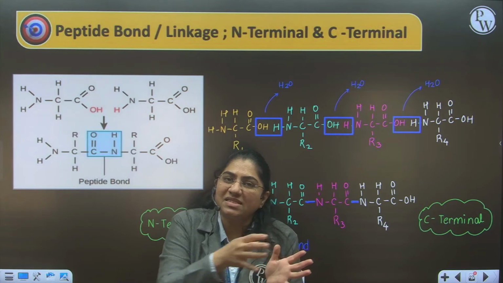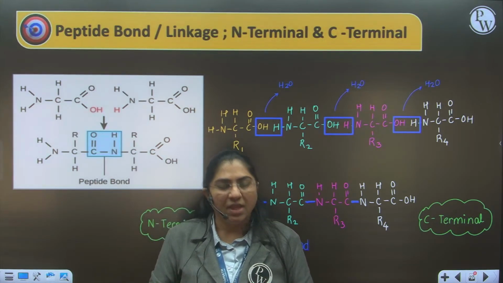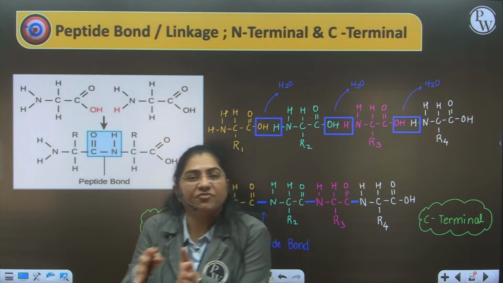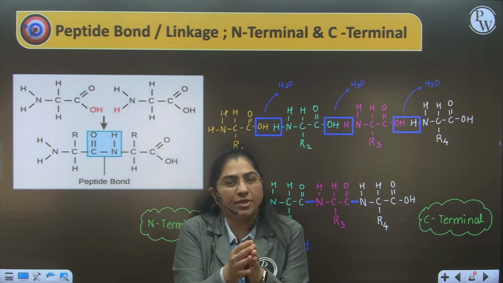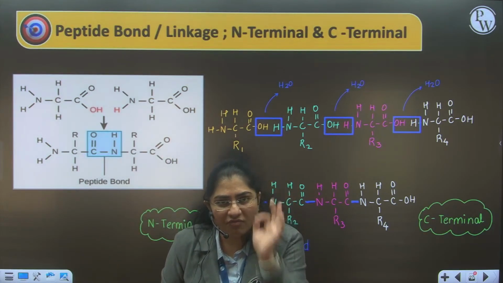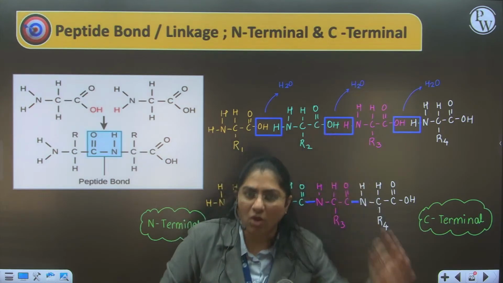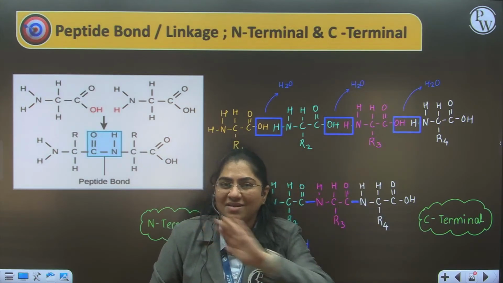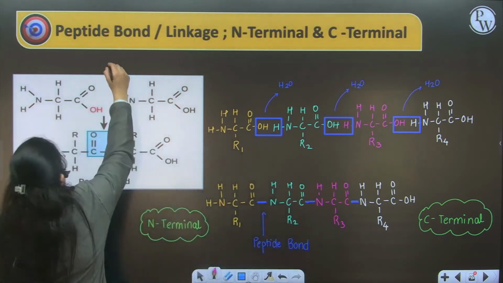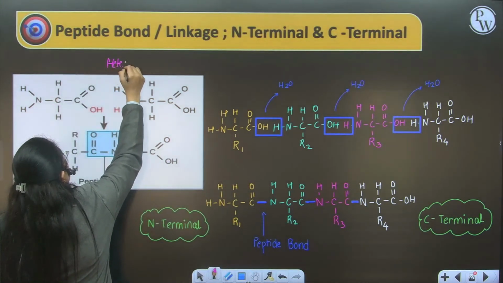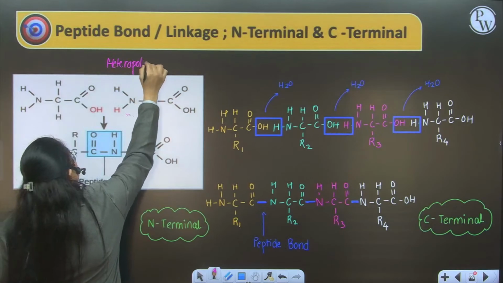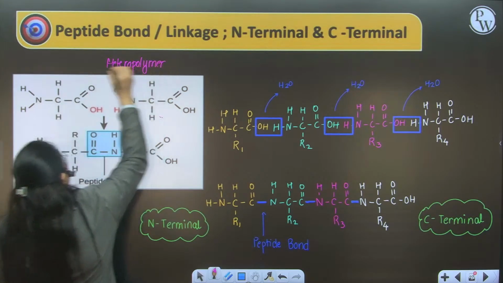Homo is where we have the same monomer units repeating. Heteropolymer is where different types of monomers are joined together to form a polymer. Always remember, protein is always a heteropolymer and never a homopolymer.